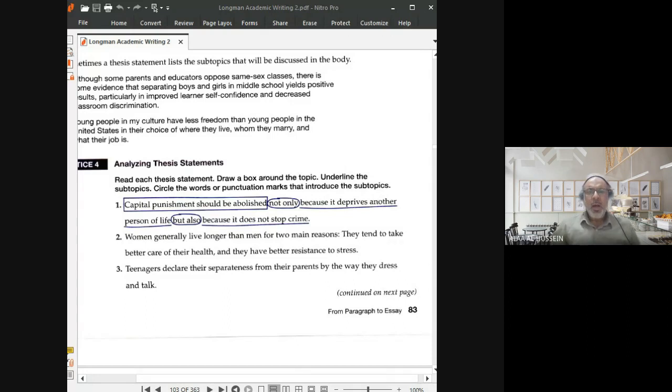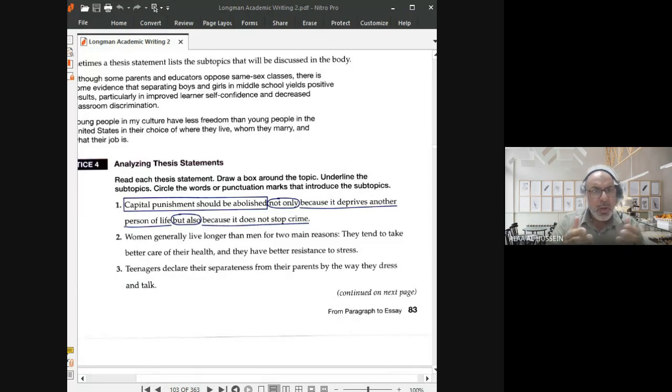Okay. Excellent. So we said that capital punishment should be abolished is a complete sentence. It is not the topic. A complete sentence. It can stand by itself. When we say capital punishment should be abolished, capital punishment should be legalized, capital punishment should be established, capital punishment should be permitted.